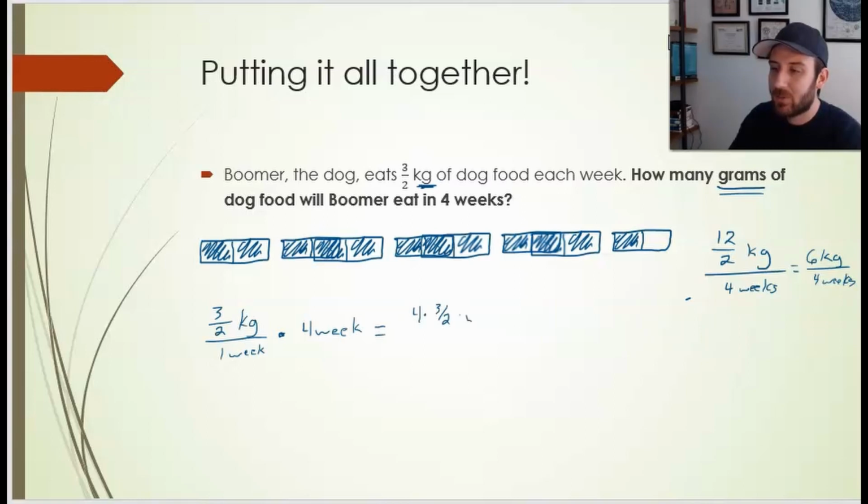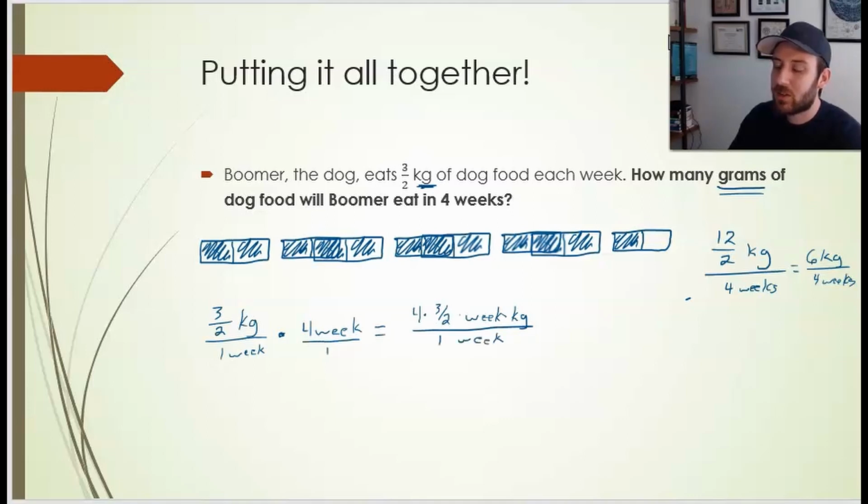And then on the numerator we have weeks, and we also have kilograms, so I'll just write that all in, because it's all just multiplication. And on the denominator, we have weeks, and then, well, this has a hidden number 1 on the denominator, so that would be 1 times 1 is 1 weeks.